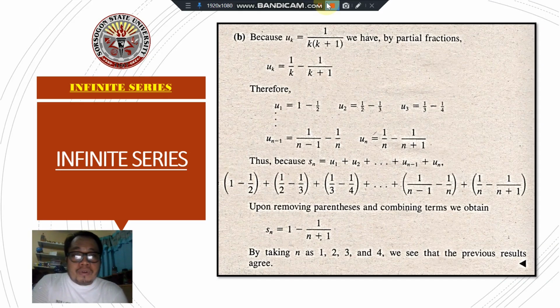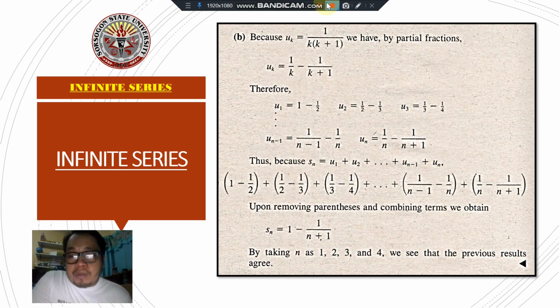So for letter B, we're going to find a formula for S sub n in terms of n. Now here is the solution. Because U sub k is equal to 1 over k times the quantity k plus 1, we have by partial fractions U sub k is equal to 1 over k minus 1 over k plus 1.